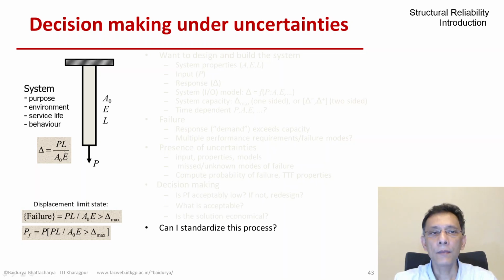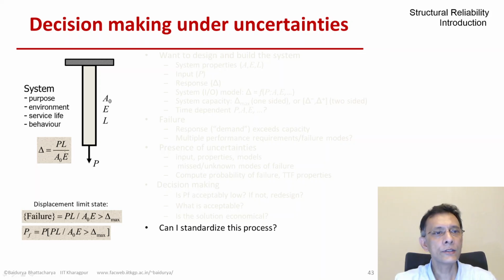In the end, I might also be interested to standardize the process, because if I have to do this over and over again, that would be an excessive demand on my time and resources. So if there was a design guide that would work most of the time in similar situations, then that would be something I would be interested in as well.